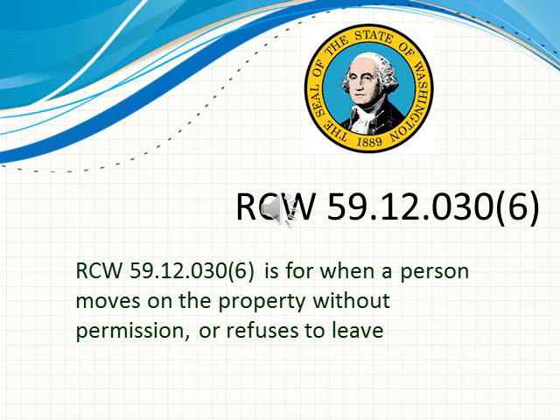Instead, under the statute, the notice is effective and the unlawful detainer action is effective for any tenant that comes onto the property after the date of service of the notice.